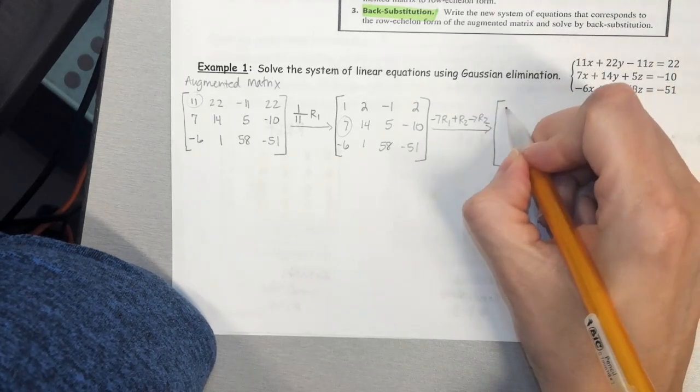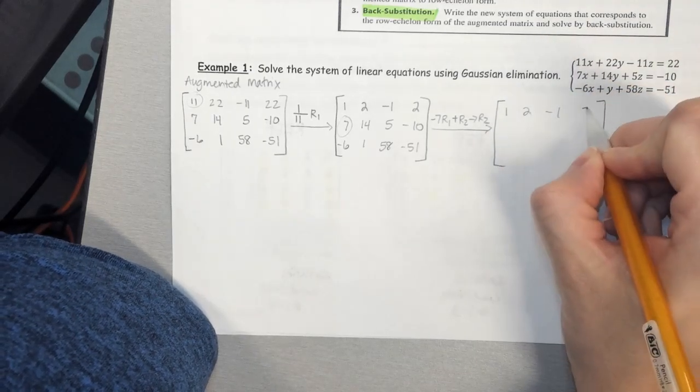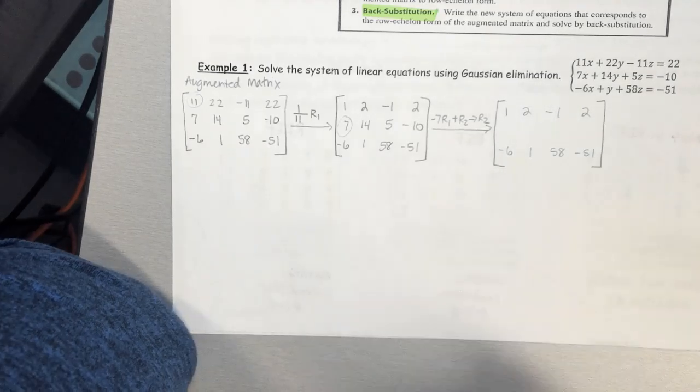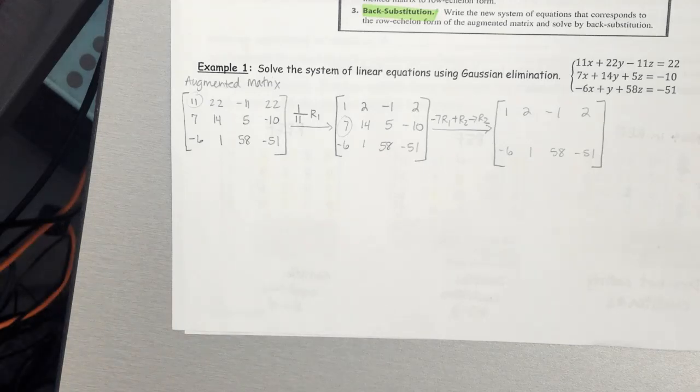Okay, and if that's our new row 2, that means this is going to be the same. So I want you to do the row 2. And then we're going to talk about our other options.